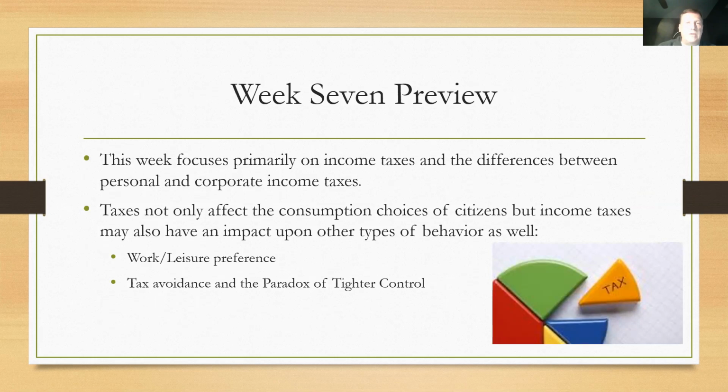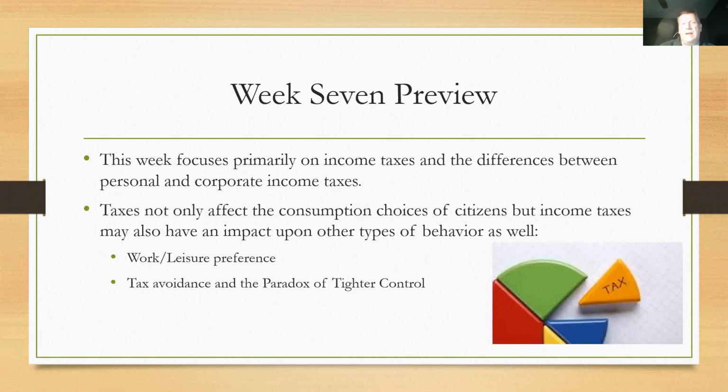And we've already foreshadowed that a bit by talking about deductions and exemptions and tax credits and how those types of circuit breakers are used to try and reduce the impact upon certain types of taxpayers. We'll talk about some of the deductions that are also available and exclusions that are available for corporations and the corporate income tax, and kind of talk about how those two types of taxes really function differently and sometimes for different types of purposes.